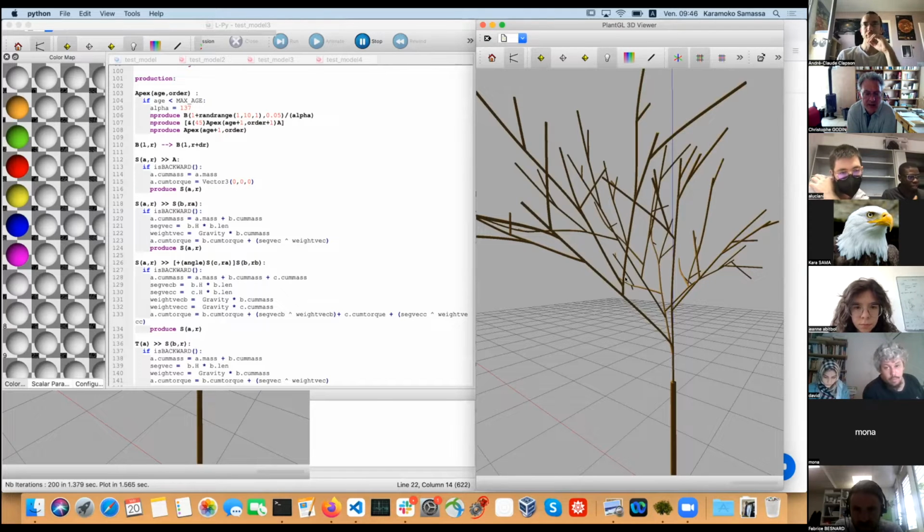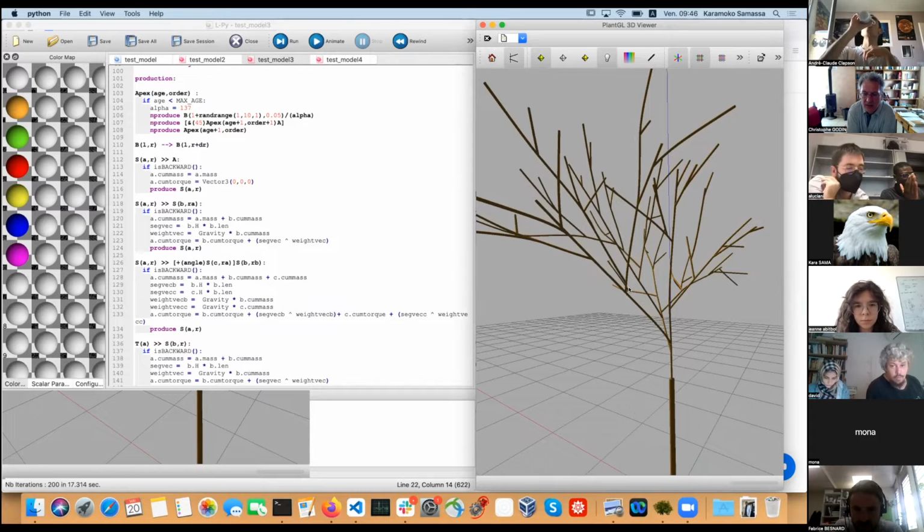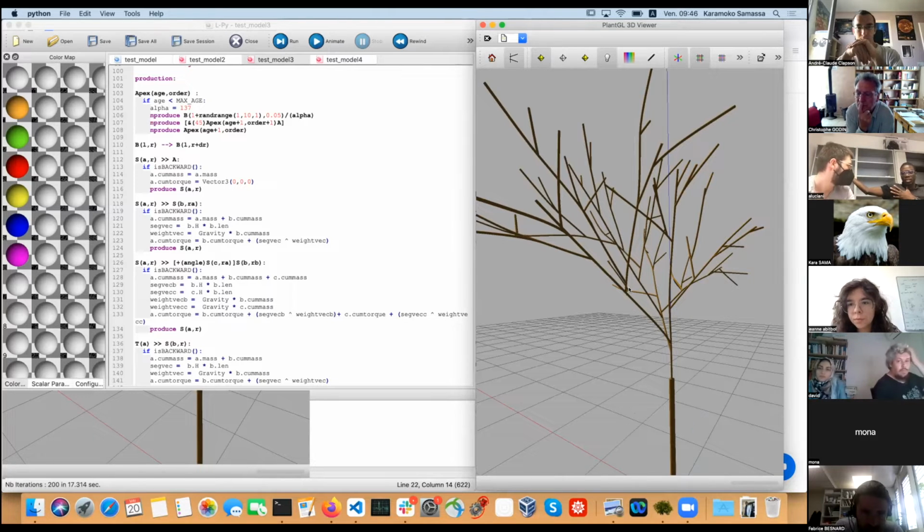For the time being, the limitation of my model is, first of all, that I don't apply the direction of the displacement correctly. If I'm like this, the gravity effect should be applied in the vertical direction.